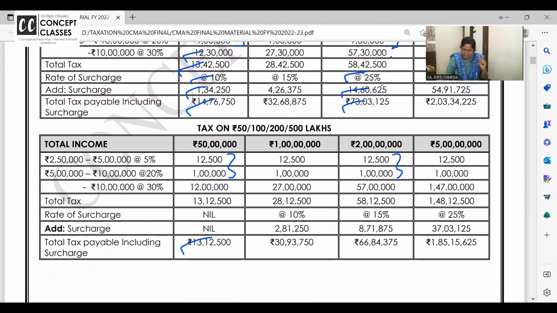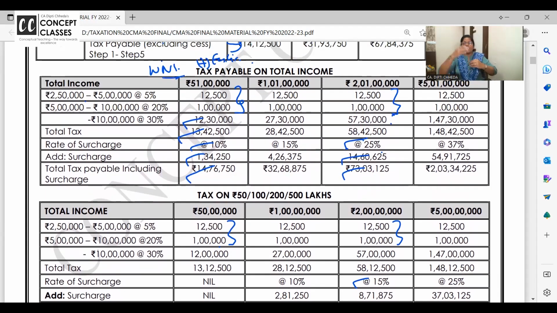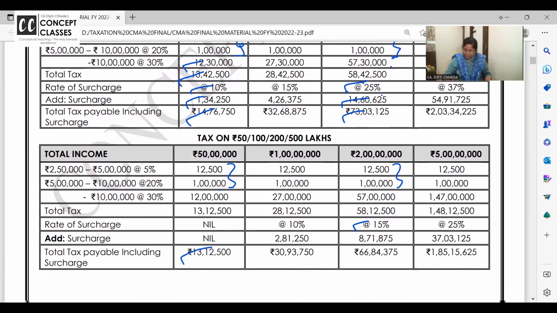Tax is 30% on the balance, that is all fine. Surcharge is 15%. Just because I earn 2 crore and 1 lakh, I am ending up on my total tax with surcharge 25% instead of 15%. Because the income has exceeded 2 crores.